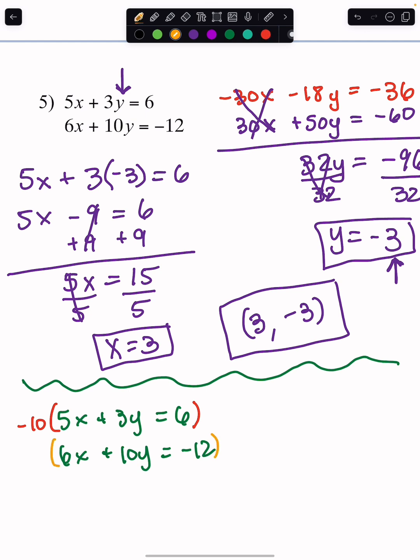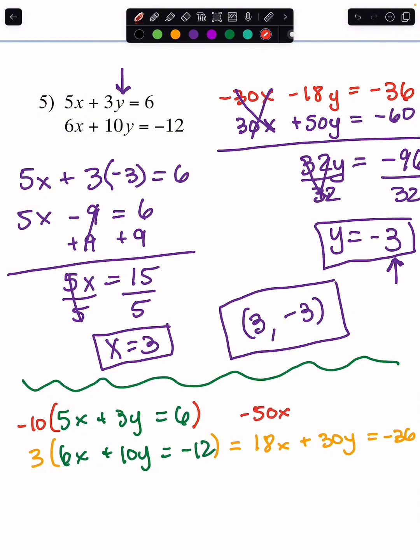18x plus 30y equals -36. And then I'm going to multiply the top line. -10 times 5x is -50x. And then -10 times -3 is 30y.